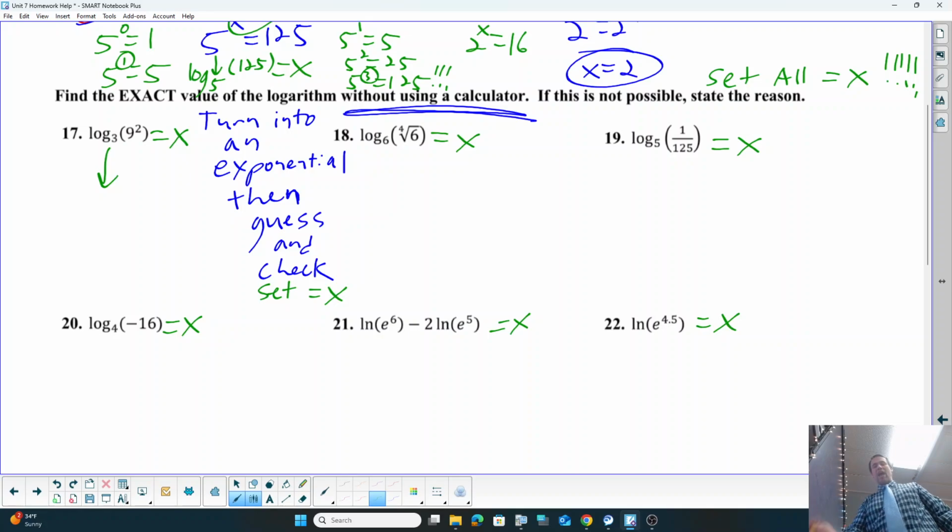Okay, so now we can rewrite it as an exponential. It's all about that base. So 3 to the x power equals 9 squared. And 9 squared is 81, right?